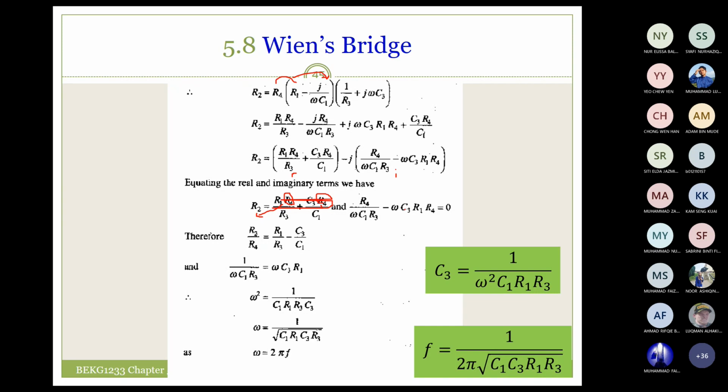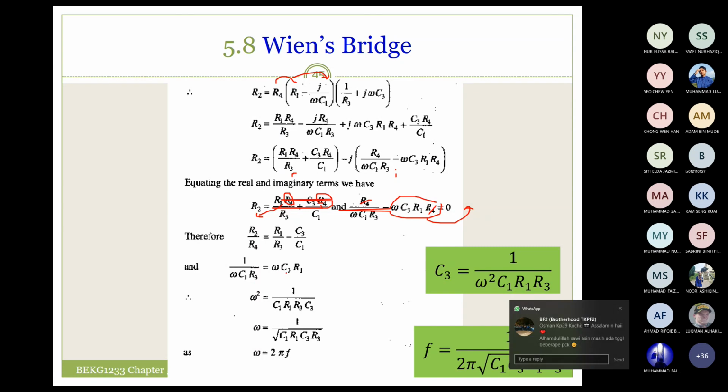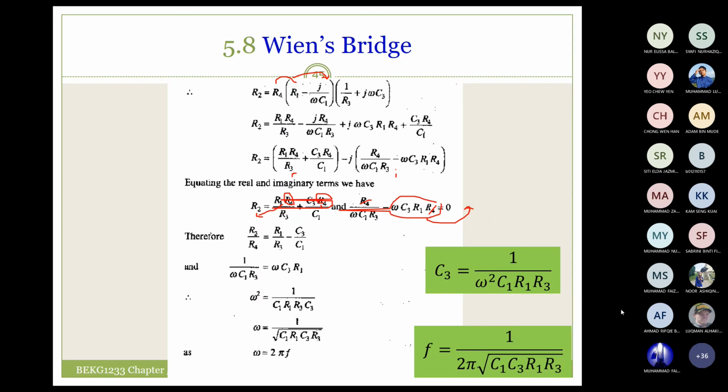The same with the imaginary part: we bring this into this, and we can cancel out the R4, and then we get 1 over omega C1 R3 is equal to omega C3 R1.